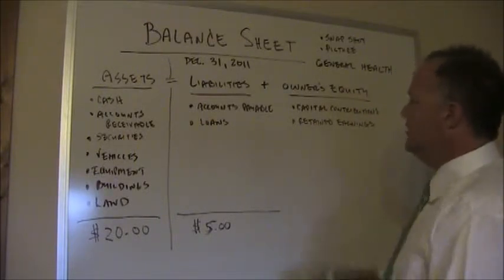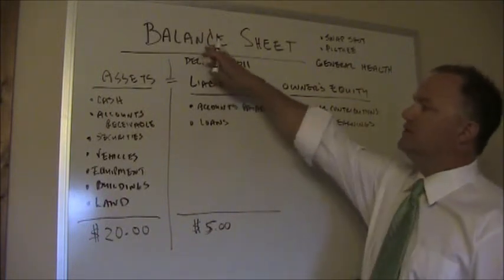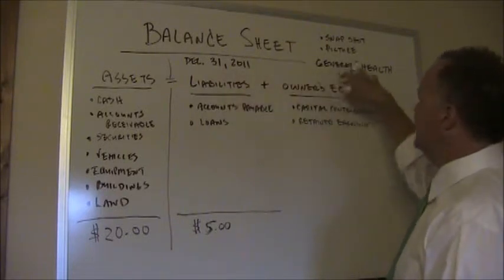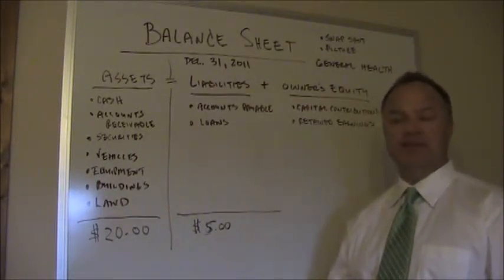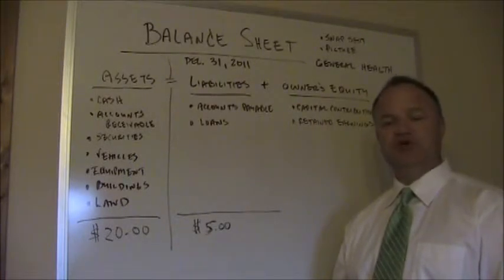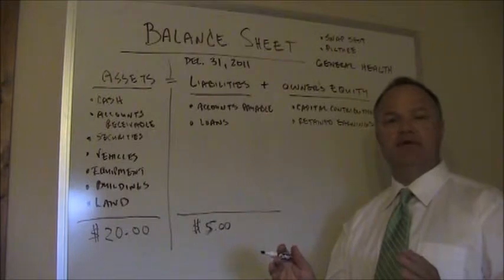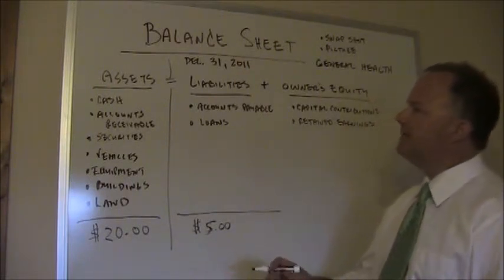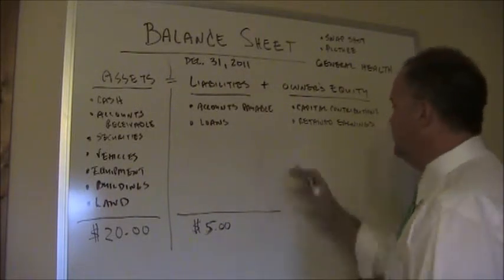Now, we're looking at our balance sheet, December 31st, end of the year, snapshot. When we set up our QuickBooks, or set up our business, we chose a fiscal year. Generally, most companies choose the calendar year, January 1st to December 31st. So our accounting software will do this calculation, and you're going to see it on there.